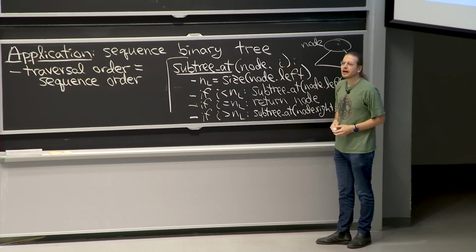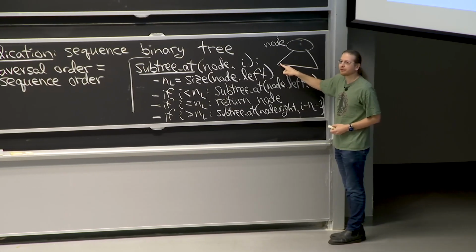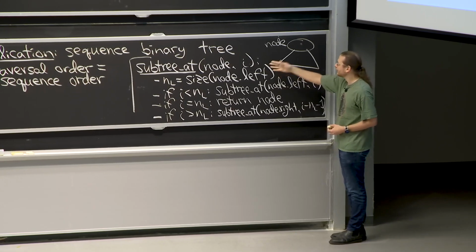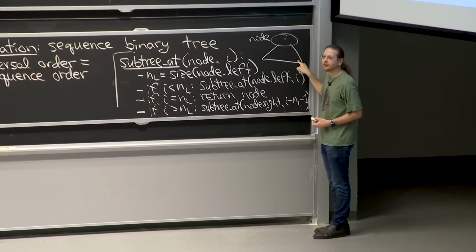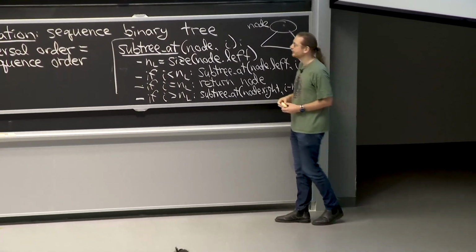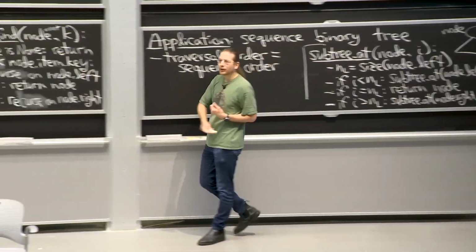Give me the ith node. So if I ask i equals 0, I want to get this leftmost descendant. If I ask for i equals the size of the tree minus 1, I want to get the rightmost descendant. That was the first and last in the subtree that we talked about. But we know how to find the first and last, just walk left or walk right.